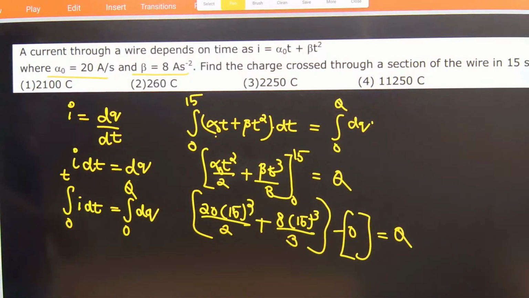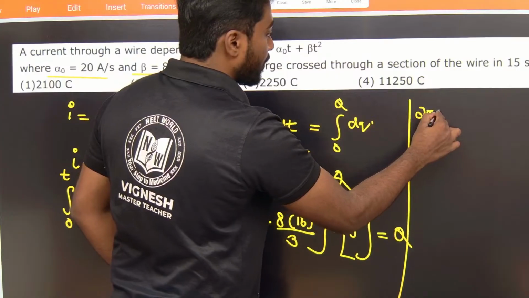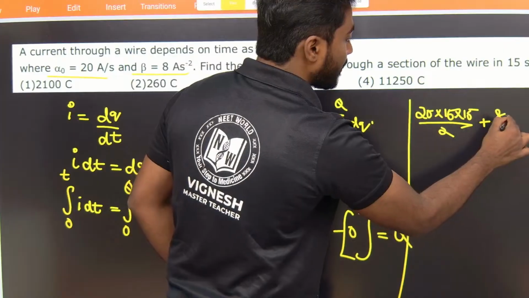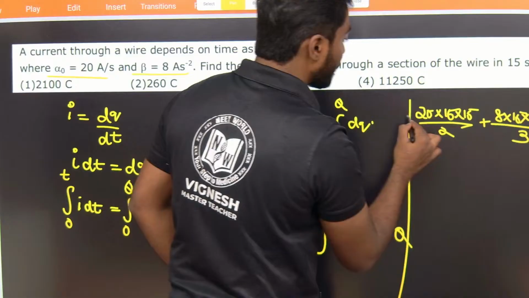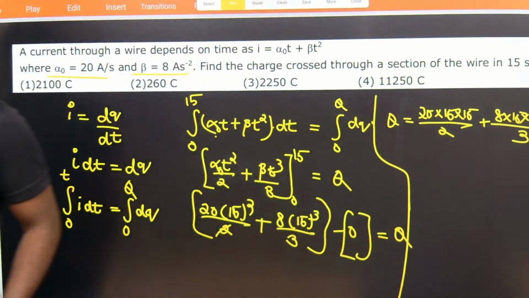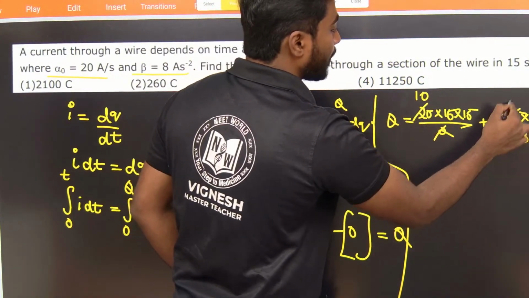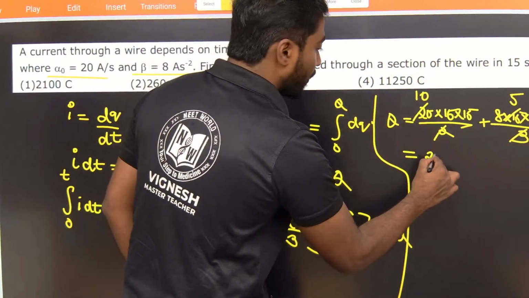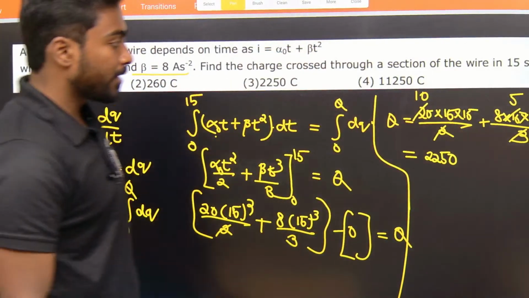So what will be the final answer? 20 into 15 square divided by 2 plus 8 into 15 into 15 into 15 divided by 3 is equal to q. How much is it? The first term is 10 times 225, since 15 square is 225, so 2250.